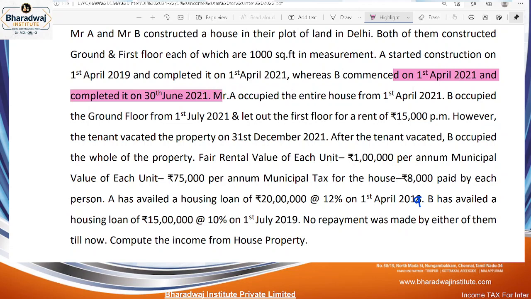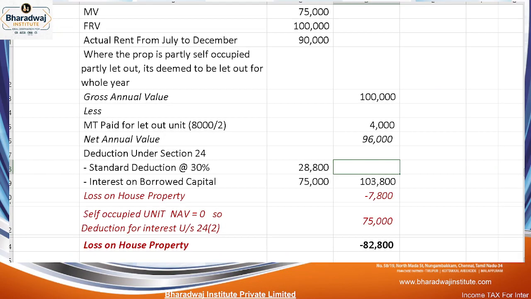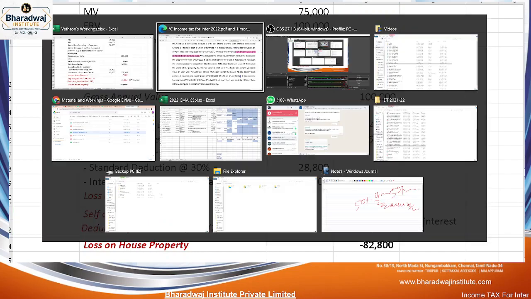It is 1st April 2021 to 31st March 2021, so it will be literally zero. There is no pre-construction period. But current year interest can be claimed. This is a current year interest, 75,000. So total loss is 82,800.